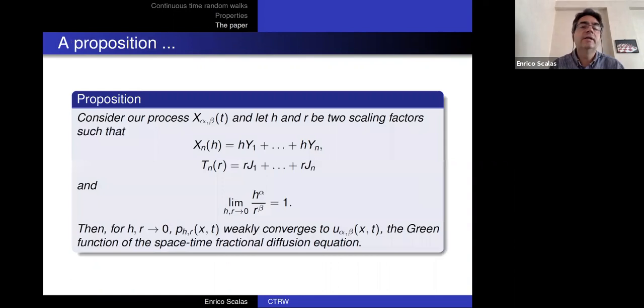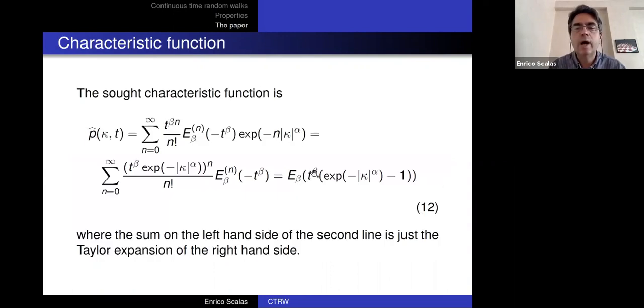For scaling, it's a bit more complicated, but it's exactly the same kind of reasoning that we have used previously. And you will recognize that for beta equal to 1 and alpha equal to 2, apart from some factors of sigma squared divided by 2, you have exactly the exponential of t, then multiplying x minus k squared minus 1. So it is exactly the same as before, leading to a diffusion equation with a different diffusion coefficient.